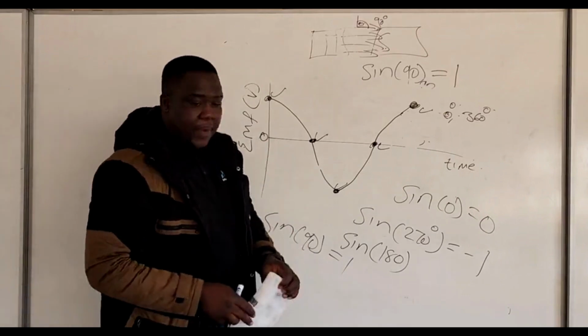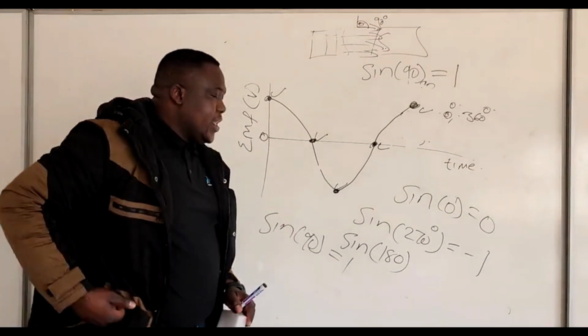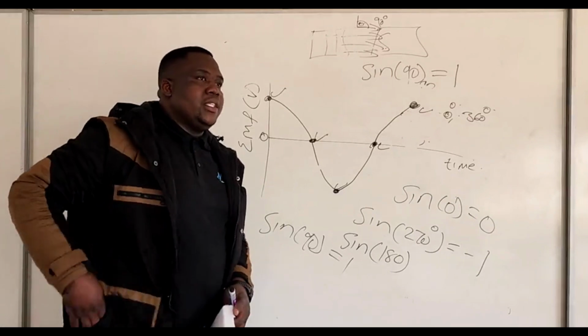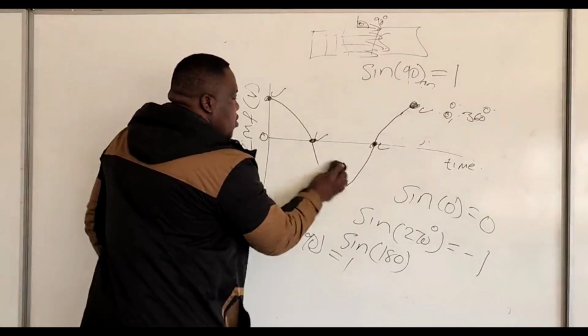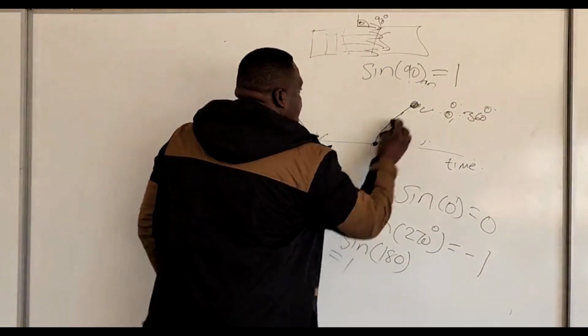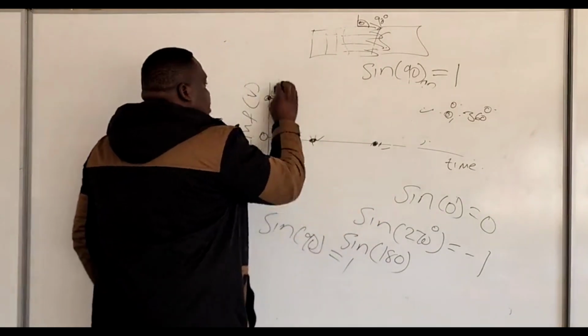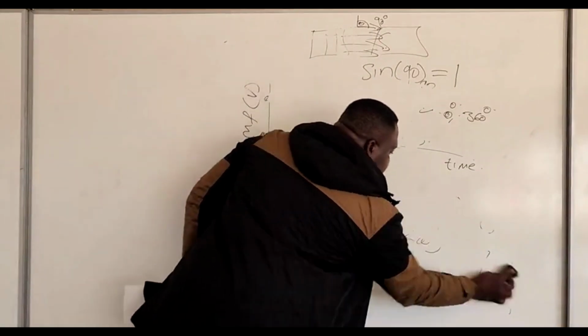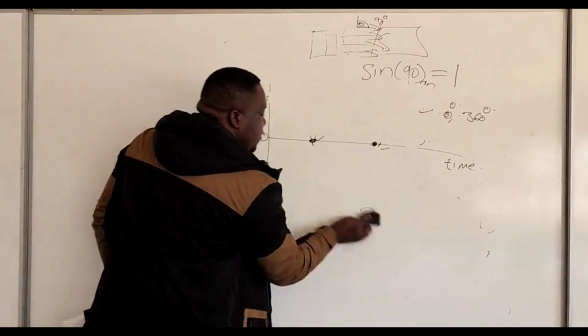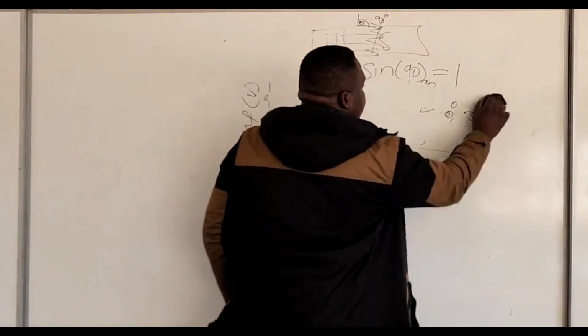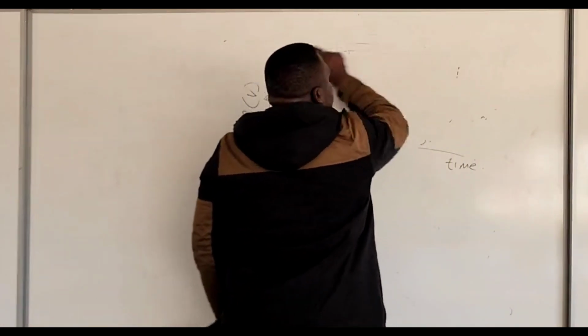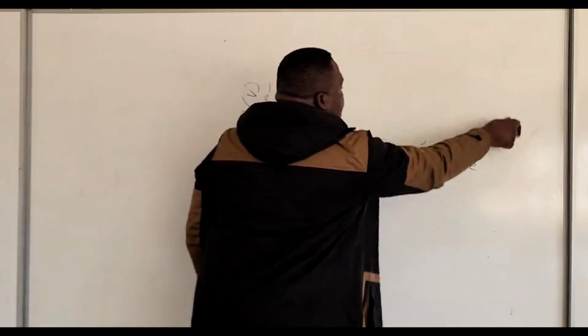I can even repeat it again, by showing you what will happen. I know sometimes it's difficult for some people to understand. Let me just repeat it for the last time.